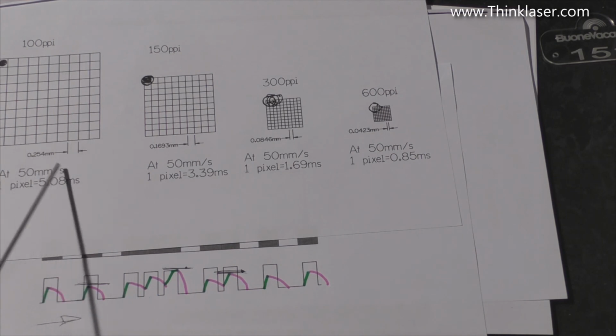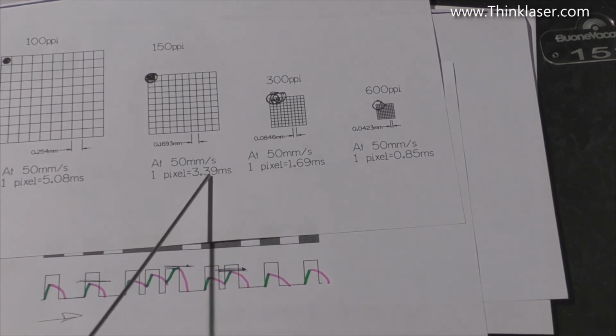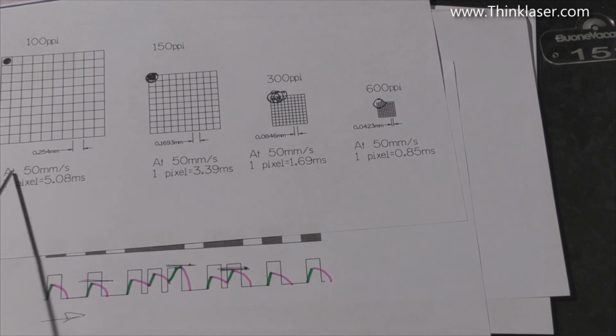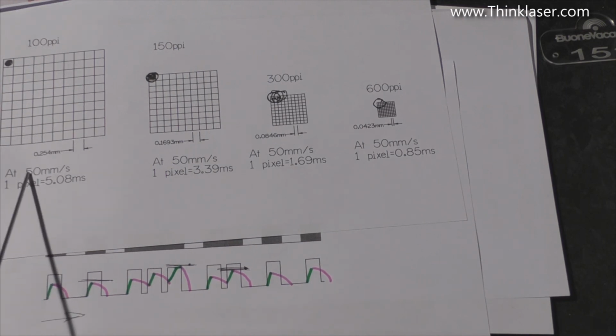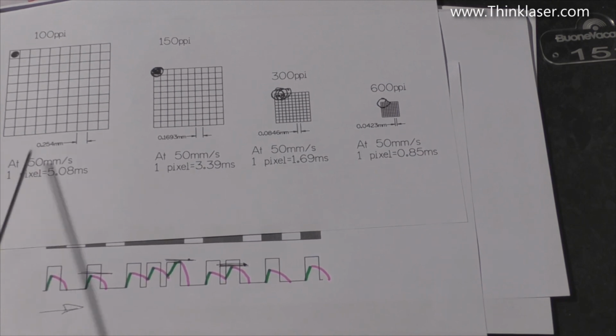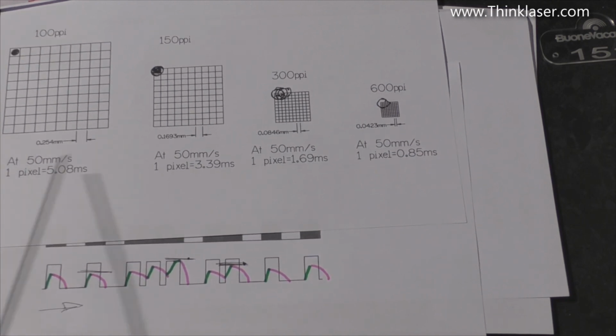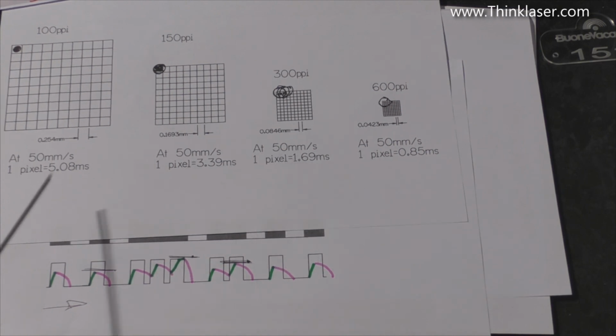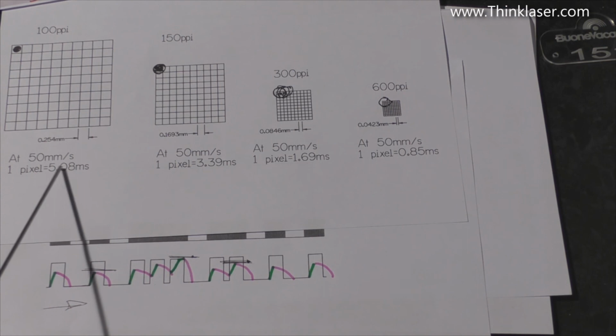Remember, the resolution is going to affect the time. But of course, this is at 50 millimeters a second. So if I increase that to 100 millimeters a second, I would have half as much time on each one of these. And if I ran it at 200 millimeters a second, I'd have a quarter as much time.